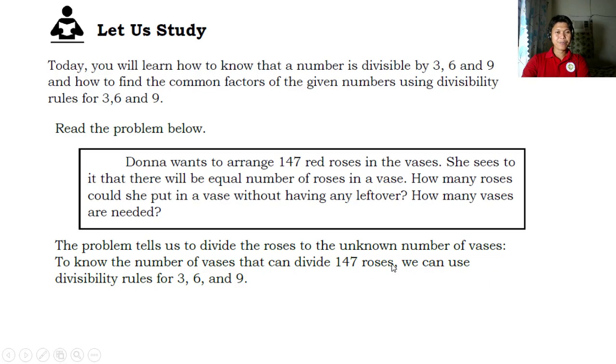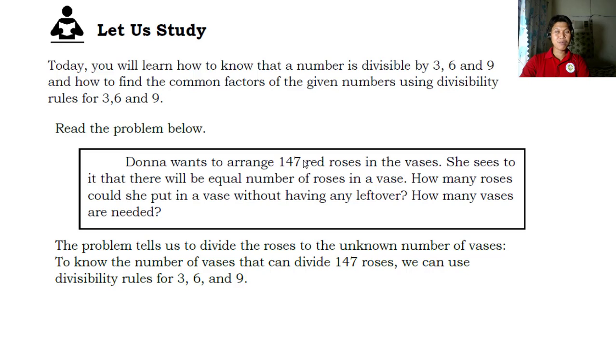Okay, so pwede ma-divide sa 3, 6, and 9. Tingnan natin. Kung sa 3, 1 plus 4, 5 plus 7, which is 12, pwede. Okay? By the way, sir, ano bang multiples ng 3? Hindi ko alam. Sige nga. I-add mo pa rin. 1 plus 4, 5 plus 7 is 12.